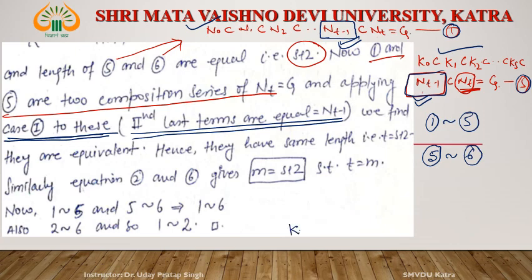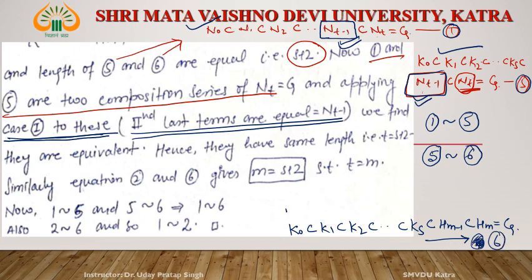You can write 6 here: K0, K1, K2, Ks, Hm-1, Hm, G. This is a composition series of Hm, that is G, which is different from 5, and we call it equation number 6.